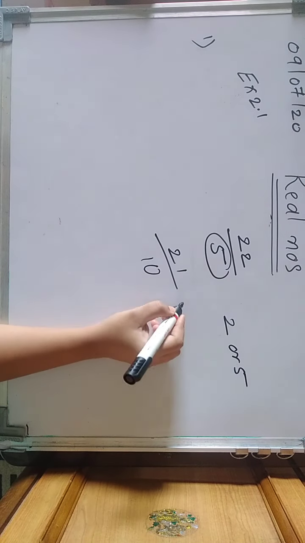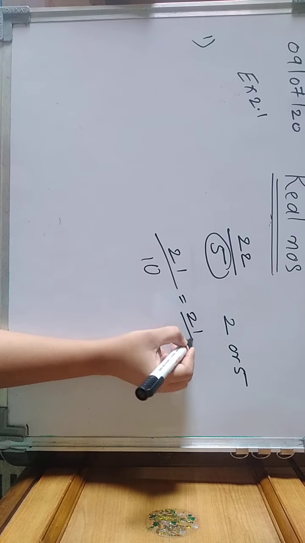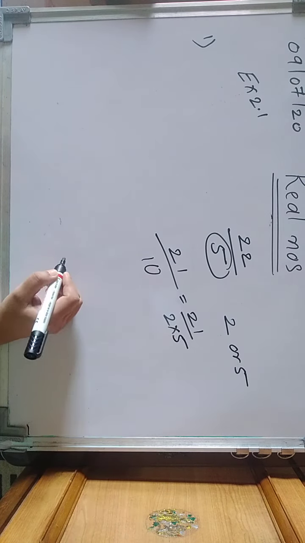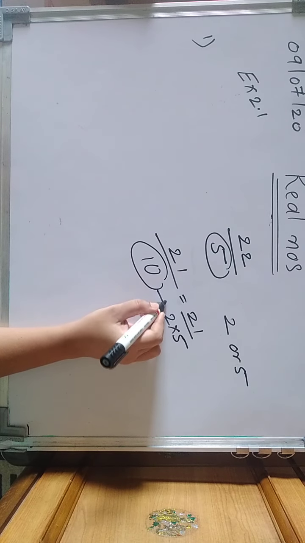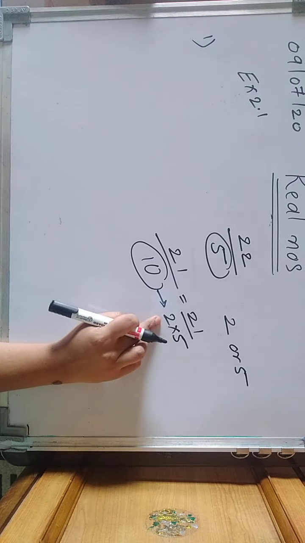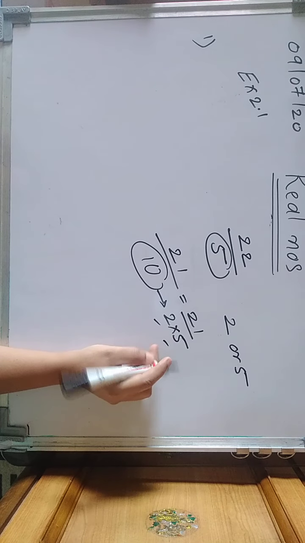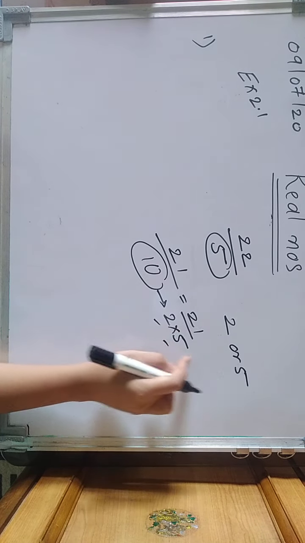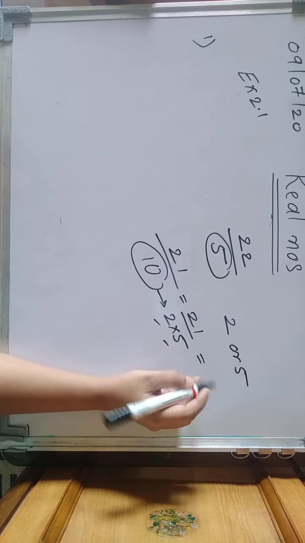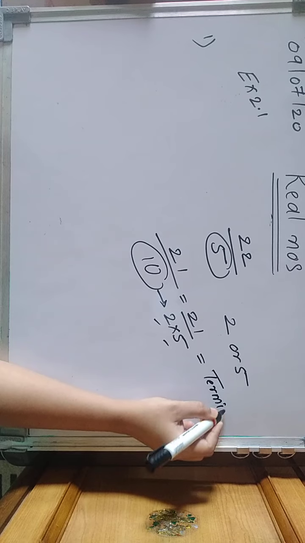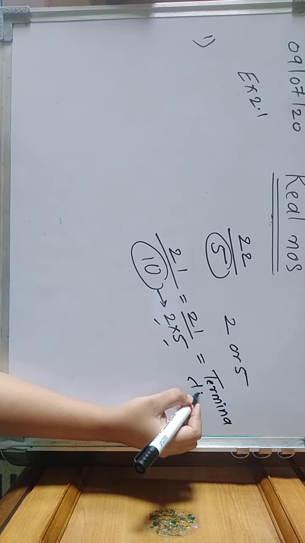So 21 upon 10, the denominator factorization is 2 into 5. So the denominator when factorized gives you 2 into 5, and if the factors are only 2 or 5, then the decimal form of this fraction will be in the terminating format.